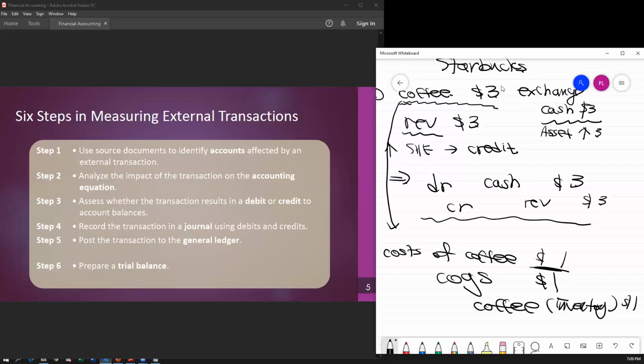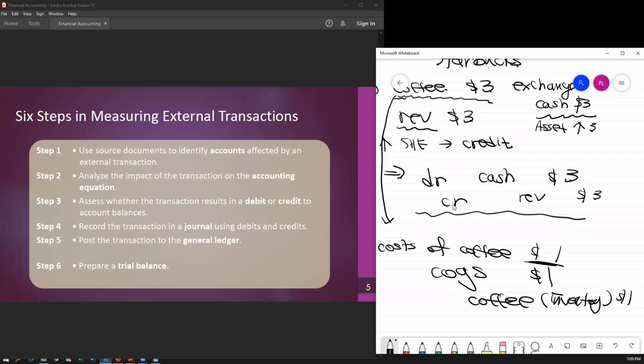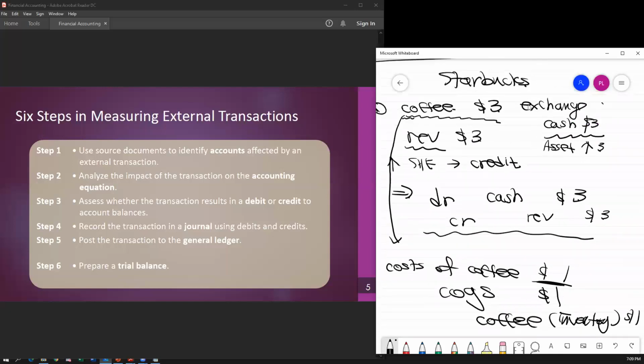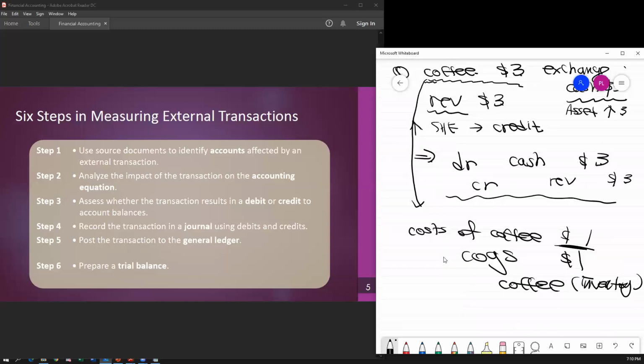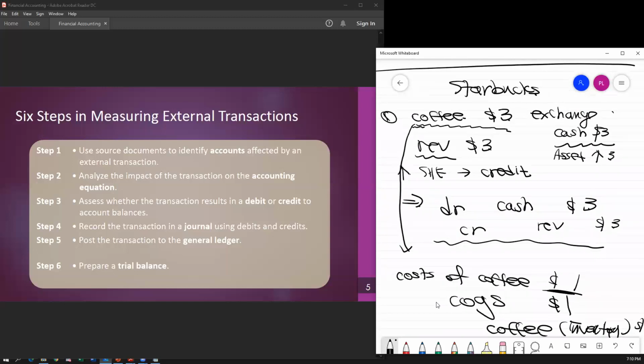But for now, what you have to know is that there should be a debit accounting item and a credit accounting item, and the numbers should balance between the debit and credit. Any other questions? Okay, I think we're good. So this was an example used from a Starbucks perspective.